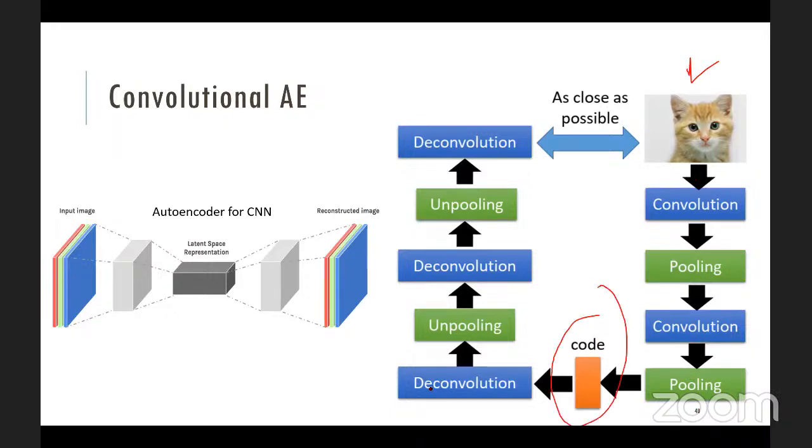The encoder learns the latent code, and then comes deconvolution. Remember, for deconvolution we always use transpose convolution. Then the image is reconstructed, which is quite close to the original.